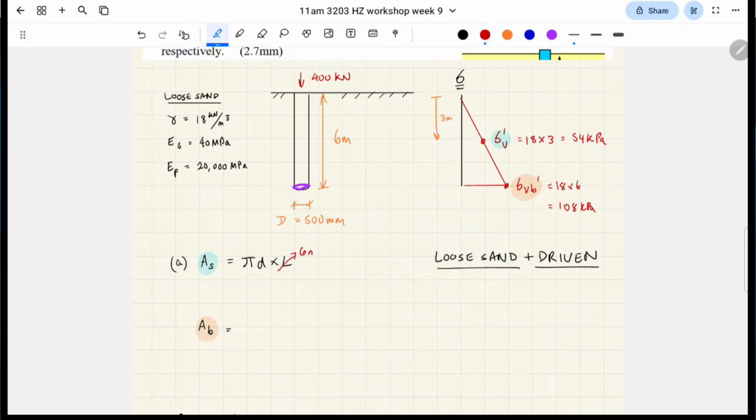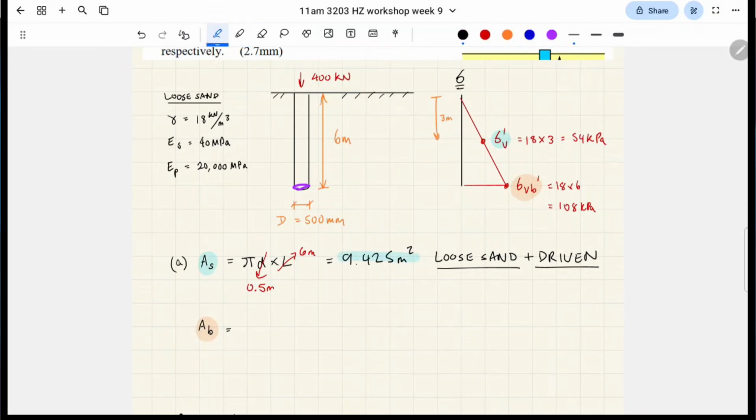Let's keep everything in meters. Here I've written lowercase d, but lowercase d and uppercase D in this topic both refer to the diameter, so that's fine. We should do everything in meters, so that's 0.5 meters. That gives us 9.425 meters squared. Cool.